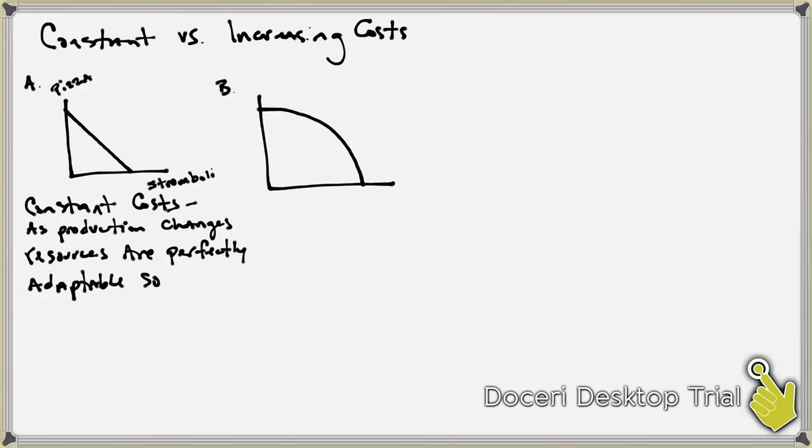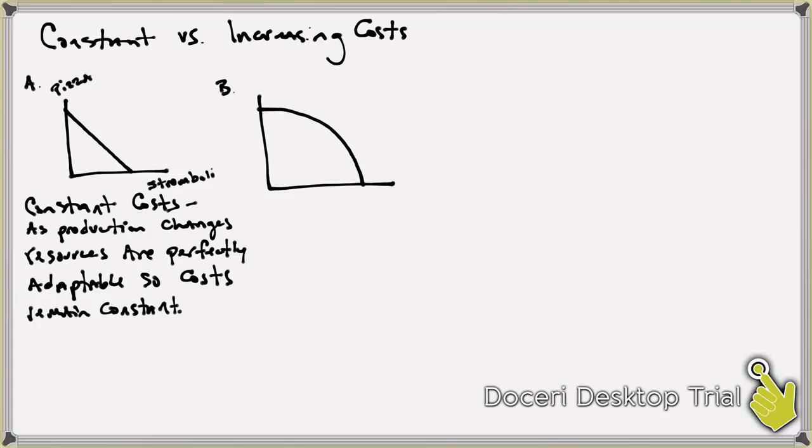So costs remain constant. Now, what it means for resources to be perfectly adaptable is that, if you look at pizza and strombolis, the resources needed to make both of those goods are virtually the same thing. Whatever you're using to make pizza, you can use to make strombolis and vice versa. So when we talk about giving up pizza and taking those resources to make strombolis, we can use all of those resources. There won't be anything left out, okay?